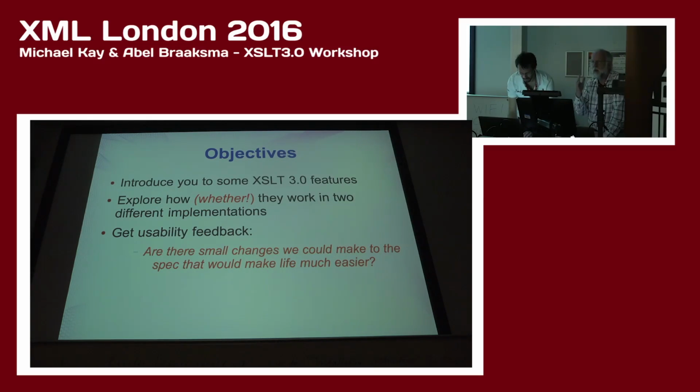And for that purpose, we want it to be interactive. If you can, try out the examples, try variations on the examples on your own machines, connect to the GitHub repository, download the processors, try them out. Tell us what you're finding, ask questions, what happens if you do X, rather than doing what we've prepared.